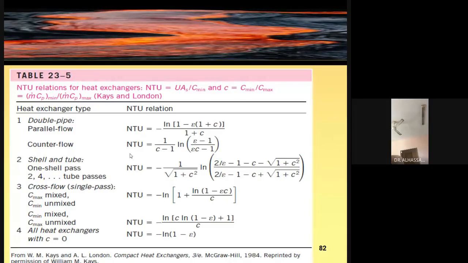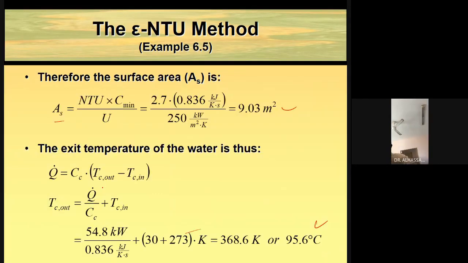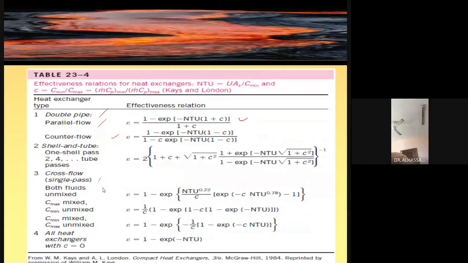So the NTU can be determined not only by graphical means. You see here we determined the NTU using the graph. But there are empirical equations that are available in the literature which can be used to determine the NTU.